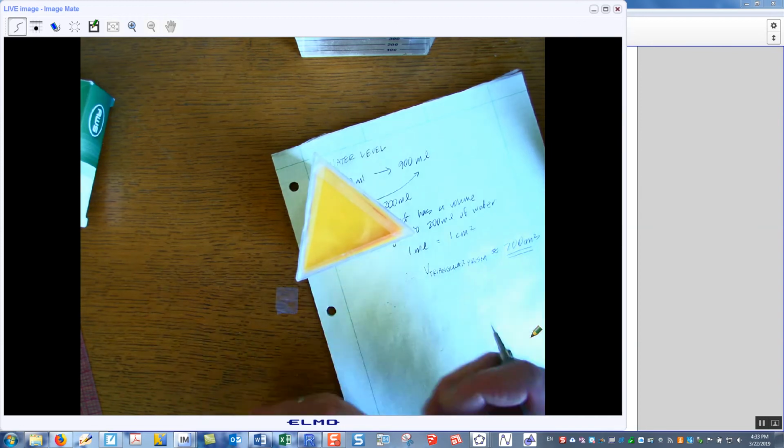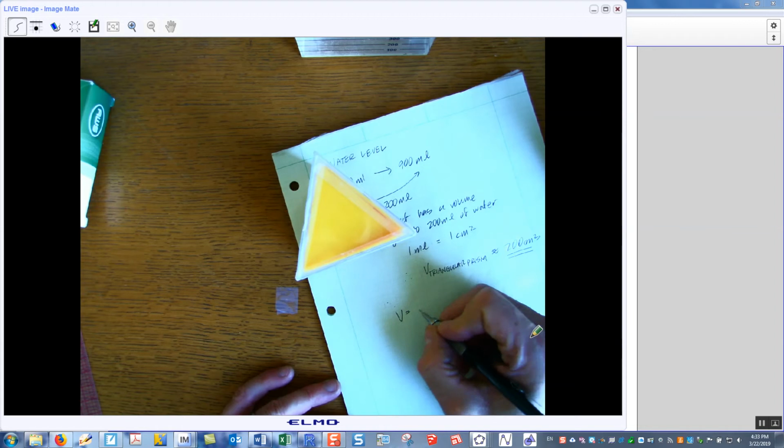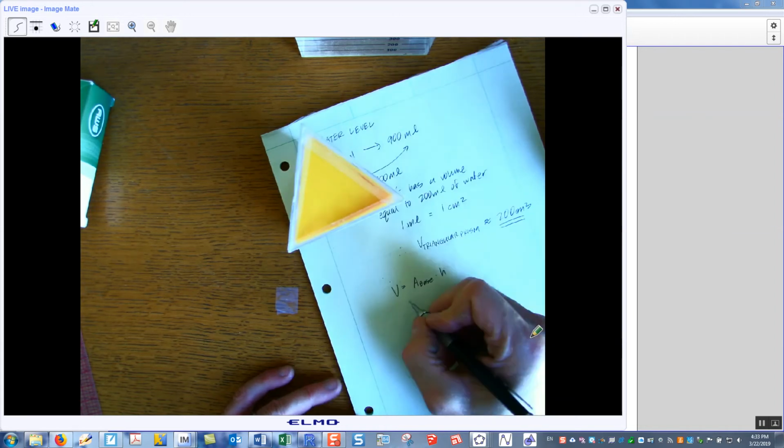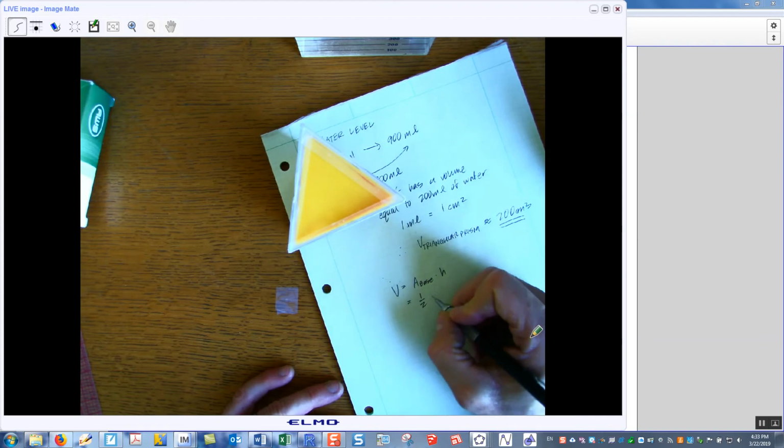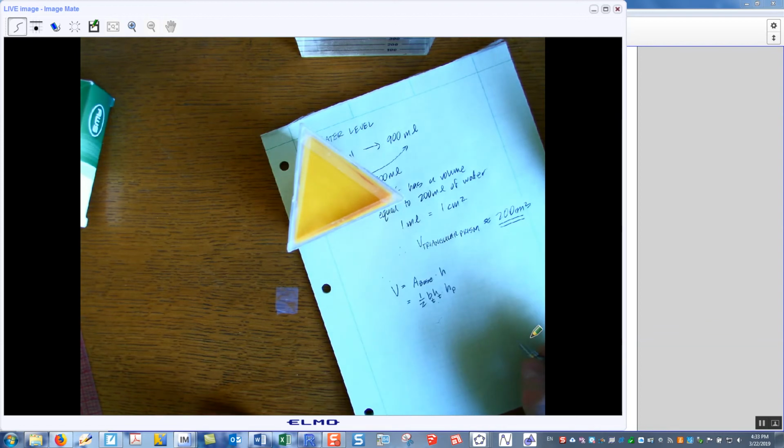So I'm going to call it 8.1 centimeters. So the volume here we know is going to be the area of the base times the height, which is going to be 1/2 base times height of the base triangle times the height of the prism. So the height of the triangle and the base of the triangle and the height of the prism.